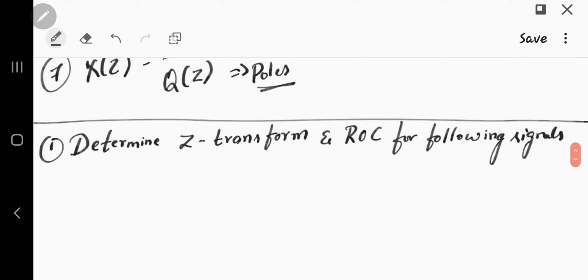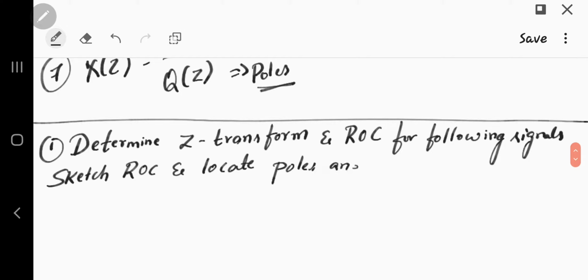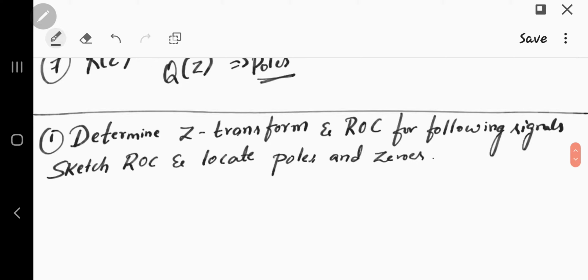We have some signals to deal with, and they have asked to sketch the ROC and locate poles and zeros.